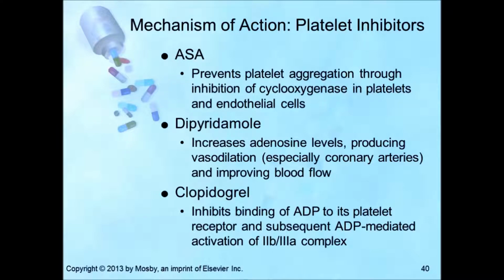Aspirin is also used. It's a platelet inhibitor. It prevents platelet aggregation by inhibiting cyclooxygenase in platelets and endothelial cells, thereby preventing the synthesis of thromboxane A2 and prostacyclin, both of which are potent platelet aggregators and vasoconstrictors.